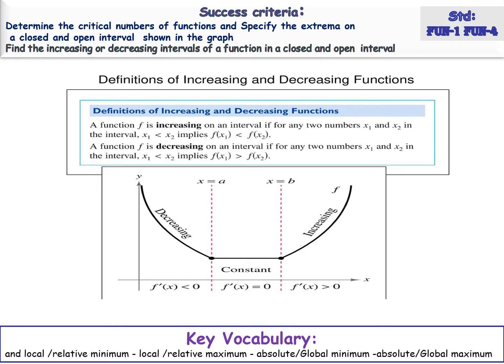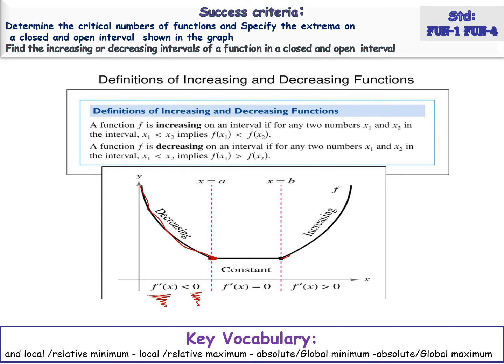If we see that the graph is decreasing, what does it mean? When the graph is decreasing, you can say that the first derivative of the function is less than 0, which means the instantaneous rate of change is less than 0, or the slope of the tangent line is less than 0.